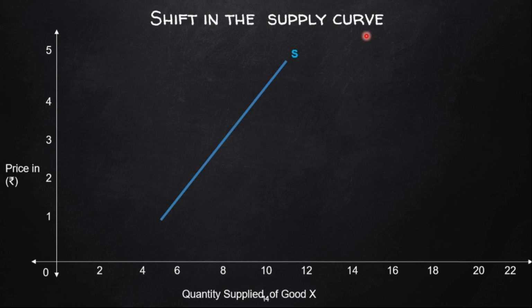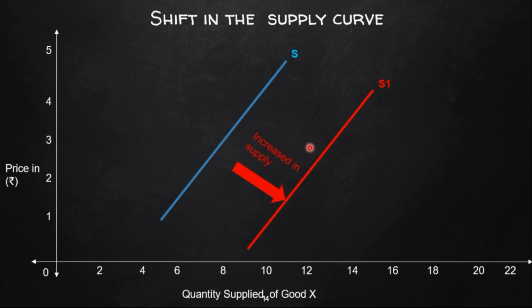In this diagram, we have shown SS as the original supply curve. When the cost of production falls for any reason, quantity supplied will increase at that price. In that case, the supply curve shifts to the right. When the supply curve shifts to the right, there will be an increase in the quantity supplied at that given price.